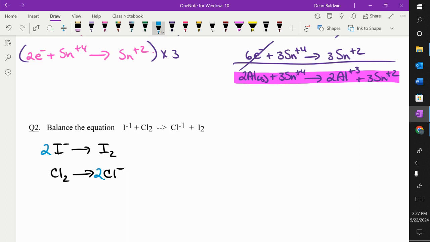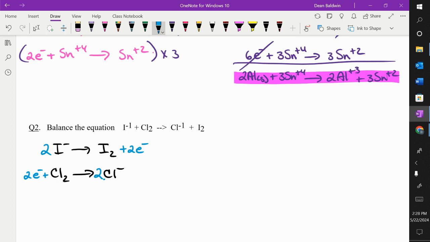Now you have to do a charge balance. What's the charge on the top reaction on the left-hand side? -2. So what do I have to do? Add 2 electrons to which side? The right-hand side. And then the bottom one has a -2 charge on the right-hand side, so you're going to add 2 electrons over there.